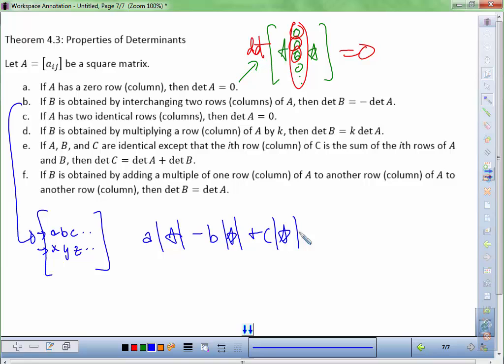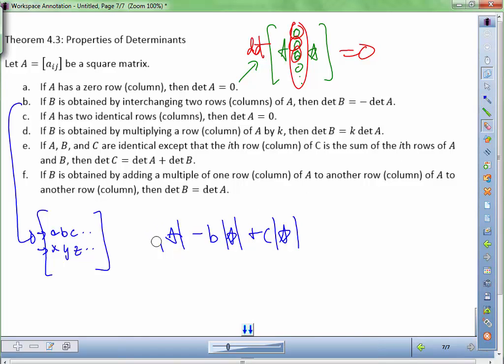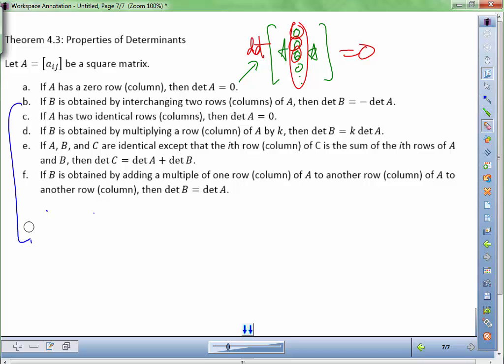You know what, this would be better proven if we talk about elementary matrices first. We'll prove this later. For now, let's just erase it. I could, but I want to have the motion of erasing it.